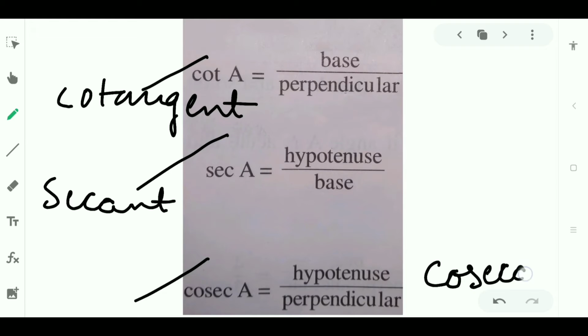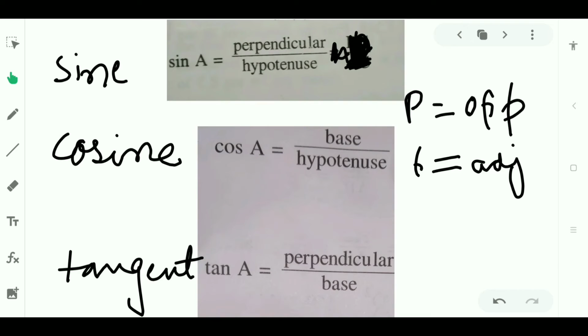I hope you got it. To pronounce them, the big letters are represented with small letters like sec, cot, cosec.